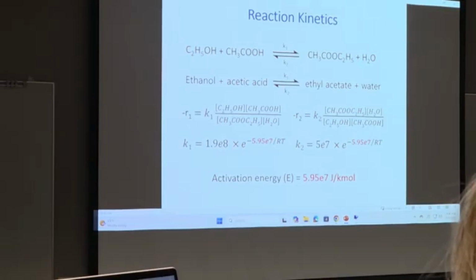Exactly. Concentration is important. So why do we use this negative? That means by reaction, the ethanol and acetic acid concentration decreases, but of course the ethyl acetate and water concentration is increasing. That's why, to express the decreasing of concentration in the reactant, we use the negative sign. Yes?